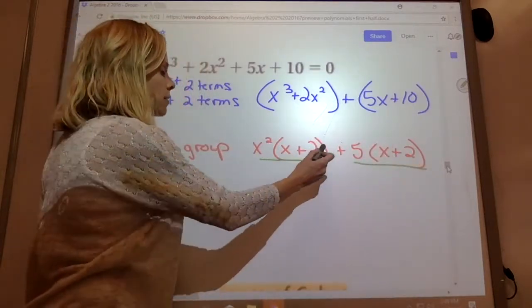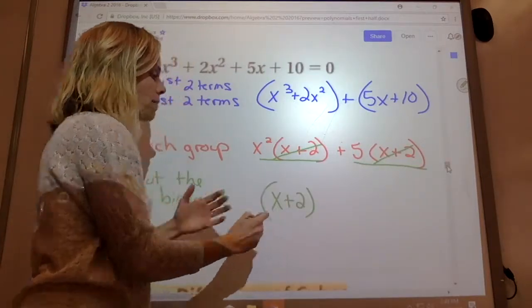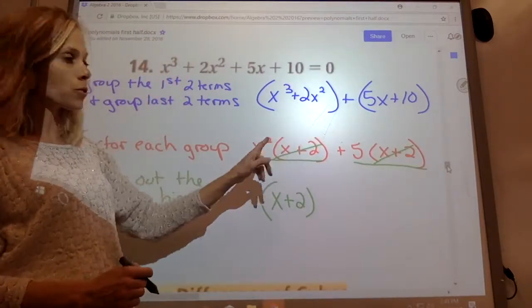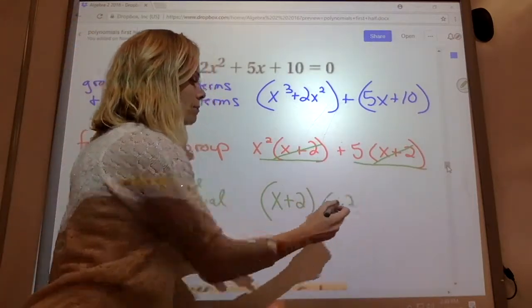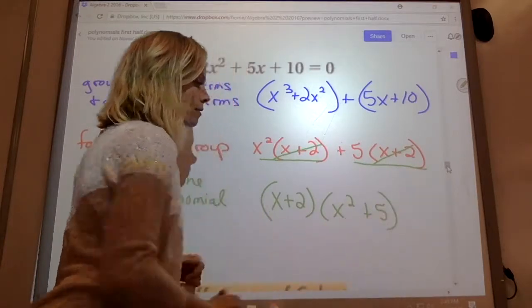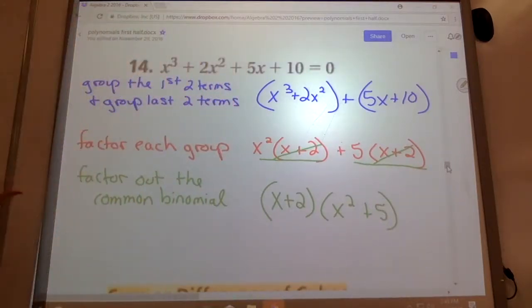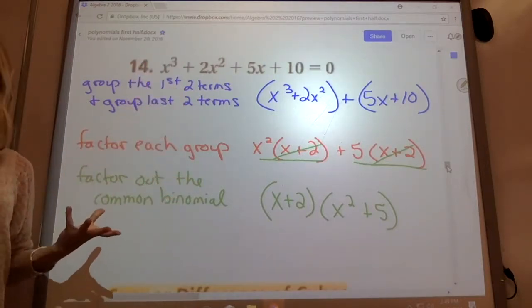So if I factor out the binomial x plus 2, what's left in my first term? x squared. What's left in my second term? 5. Now it's factored.